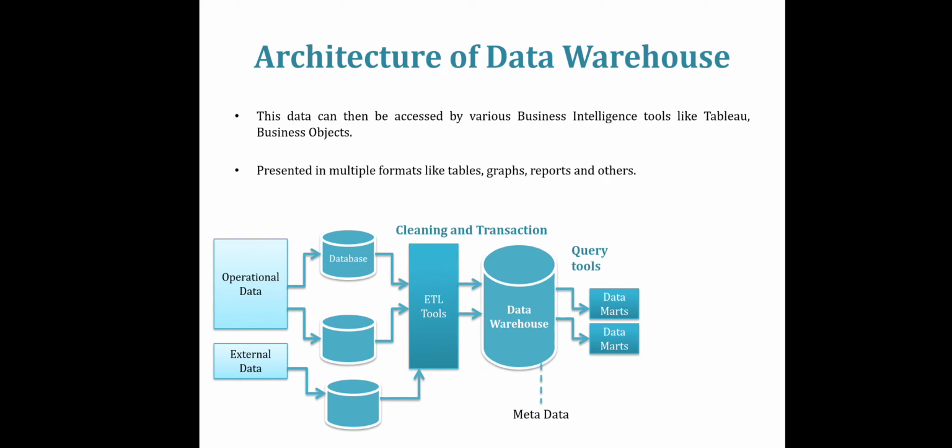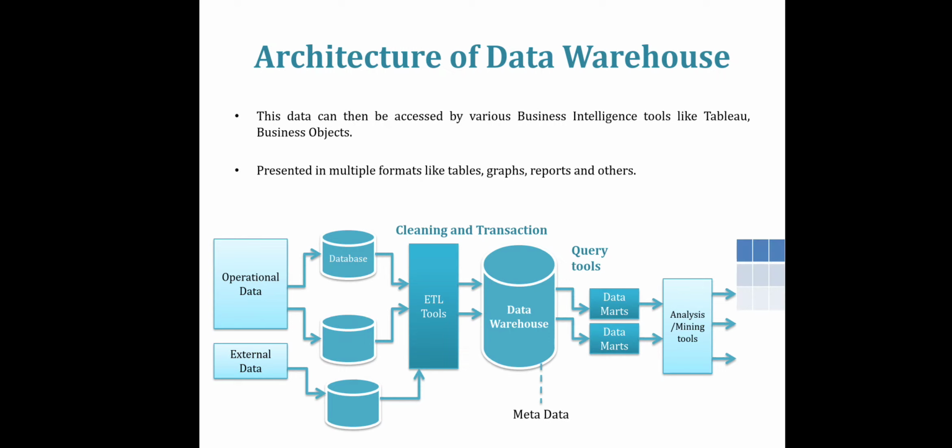This data in the data marts can then be accessed by various business intelligence tools. These are nothing but our end users. Business users are going to access this data, whatever we are representing. How are we going to represent it? By analysis tools or mining tools, we are going to represent that data in multiple formats like tables, graphs, reports and other kinds of formats.